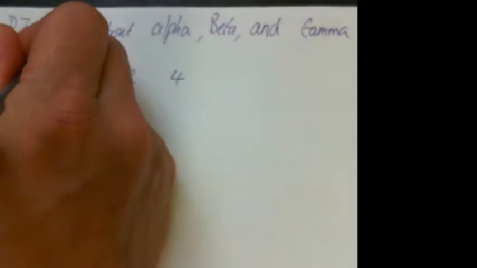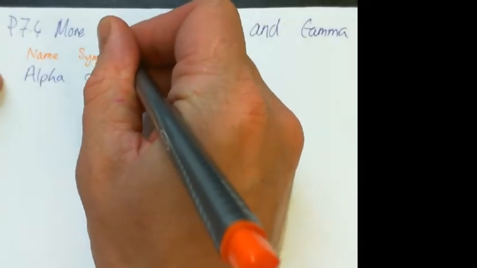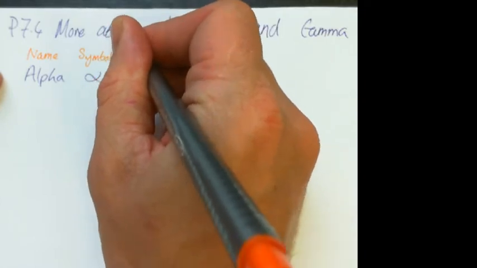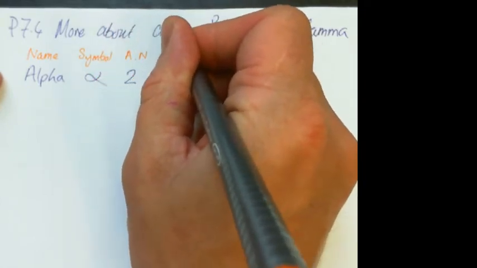So we'll say name, symbol, atomic number, atomic mass.